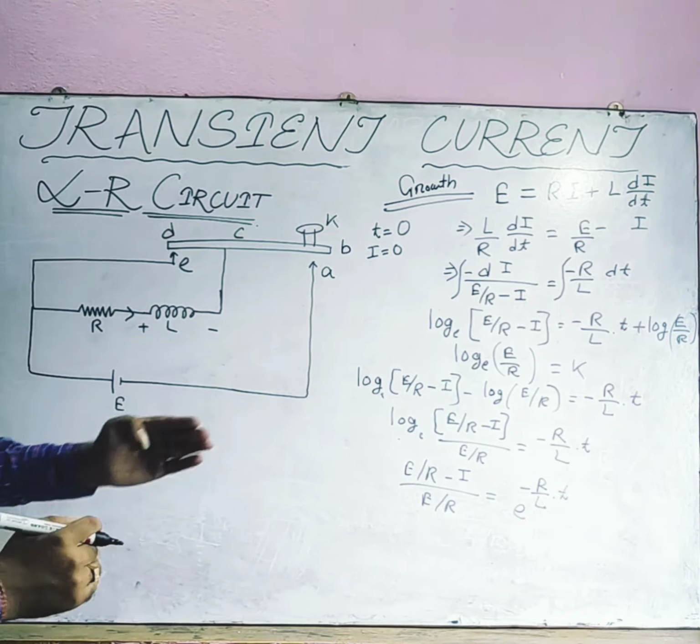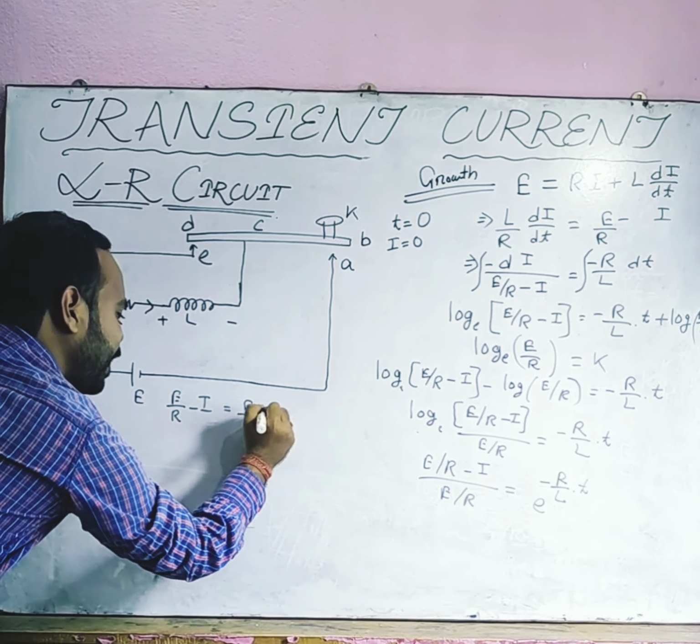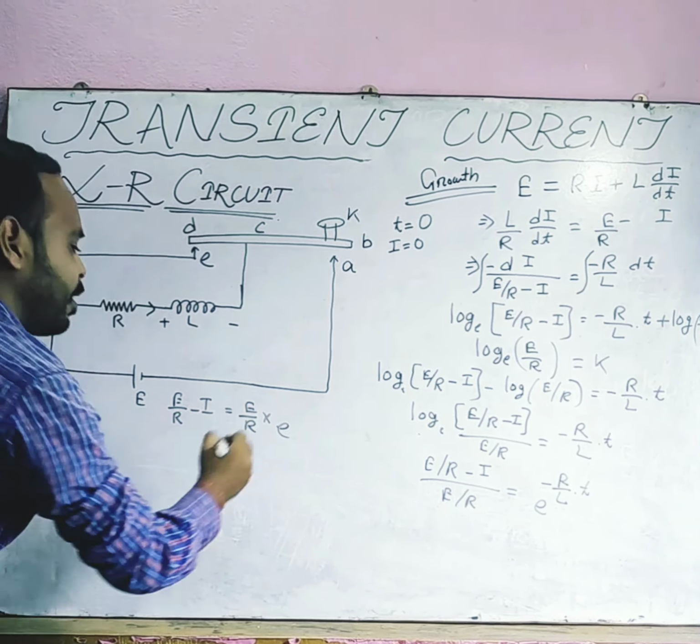Now here we can write E by R minus i equals E by R multiplied by e to the power minus R by L into t.